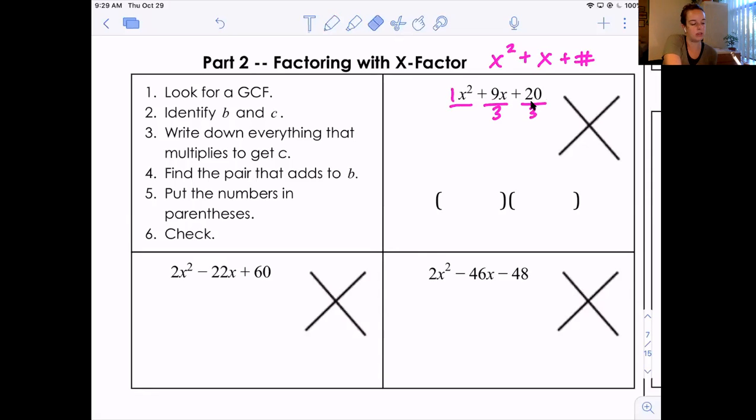So that 3 is not going to work. 1 is a good answer. We could take out 1 from each of them, but then it's not really going to do anything. We're just going to have a 1 out here. But remember, ones are kind of annoying. We don't really like writing them. So there doesn't seem to be a GCF.